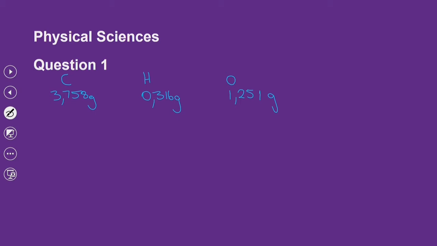We're going to take the masses provided, and then we're going to divide it by the mass of the sample, and that is 5,325. That's for all of them. 5,325, and this one as well, 5,325. We need to convert them to percentages.